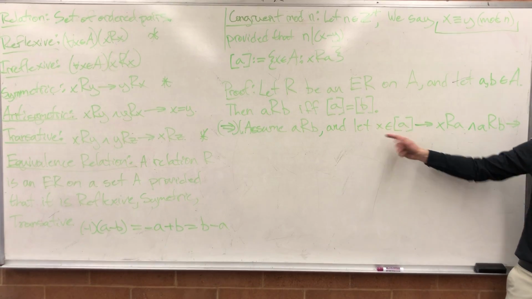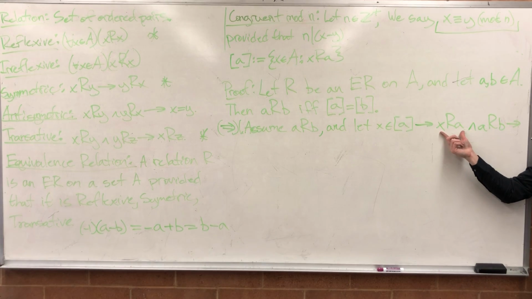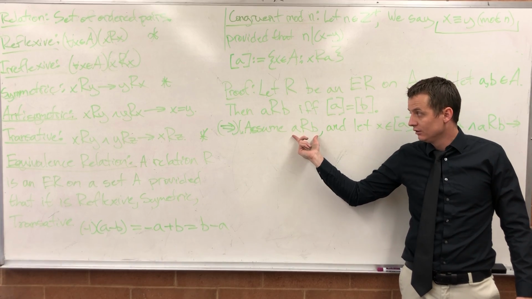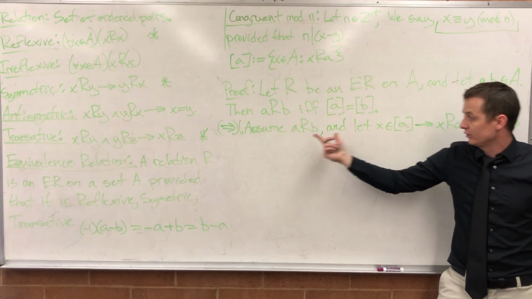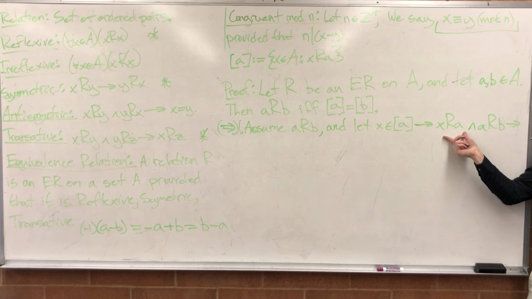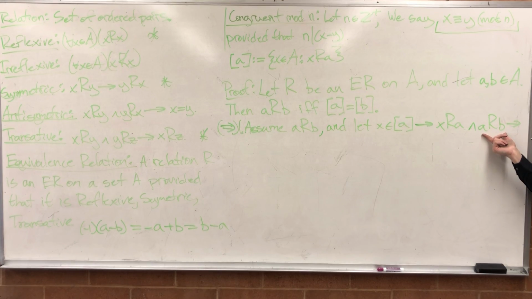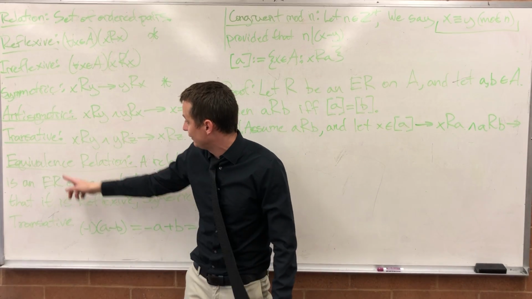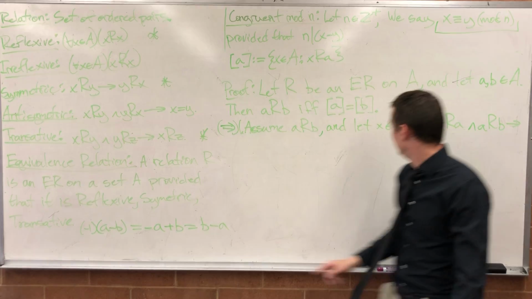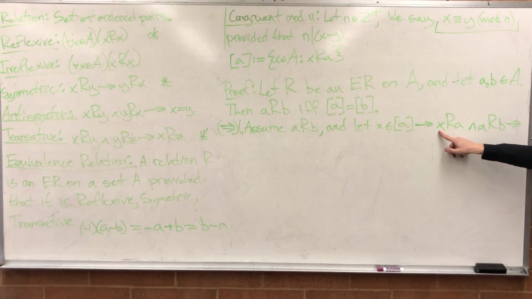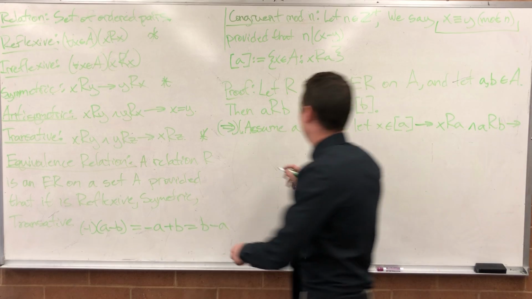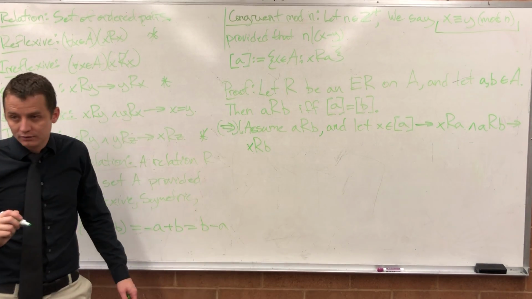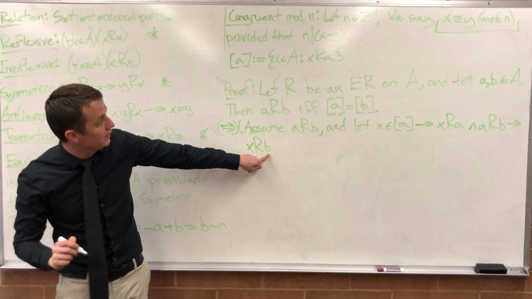We knew since X was in A's equivalence class that X was related to A. And we are assuming that A is related to B. That was already given. We're showing if A is related to B, then these two sets are equal. So since X is in A's class, we know X is related to A, and we already knew that A was related to B. Taking those two together, using the fact that every equivalence relation is transitive, those two together imply X is related to B. Now if X is related to B, what does that mean?